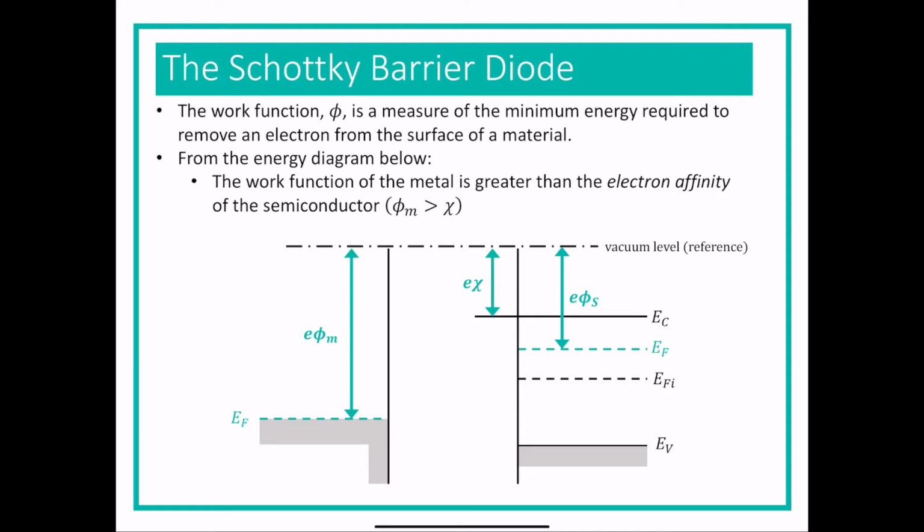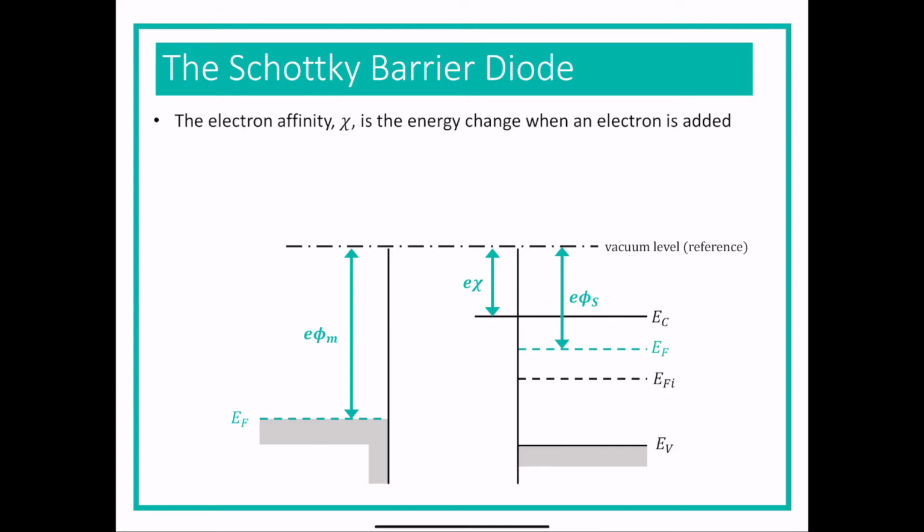It's just the distance between the conduction energy and the vacuum level. So that's also a value where the work function of the metal needs to be greater than the electron affinity, which kind of makes sense. The electron affinity just tells us the energy change when we add an electron. So what the value is just depends on the material of the semiconductor.